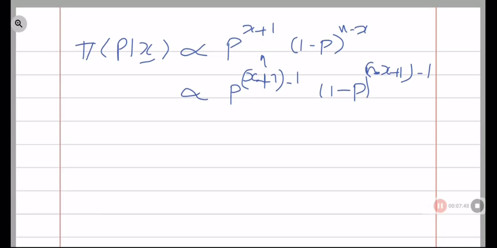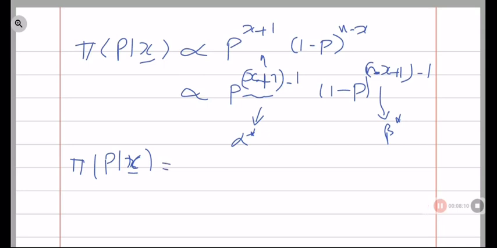This is in the exponent. This one is called alpha star, and this one is beta star. So we can write the full posterior density of P as follows.